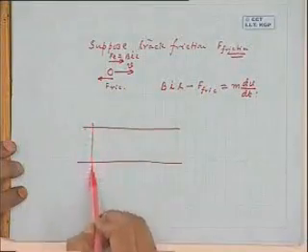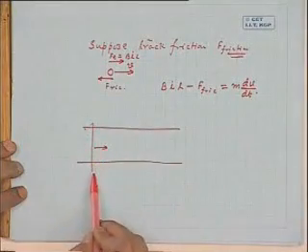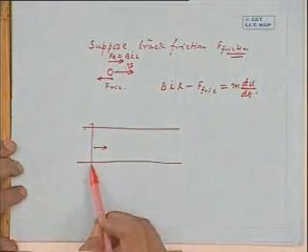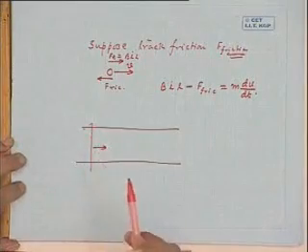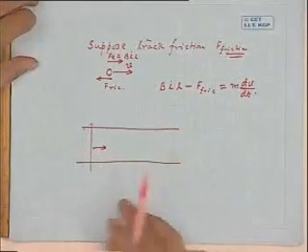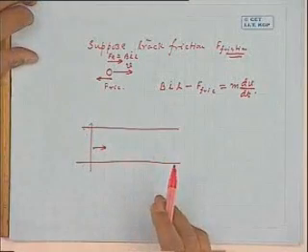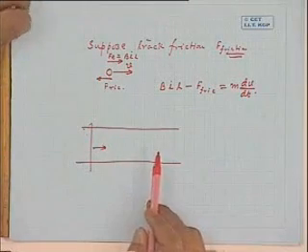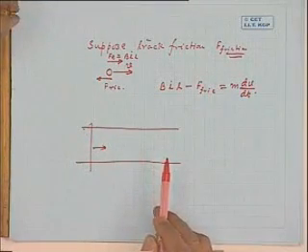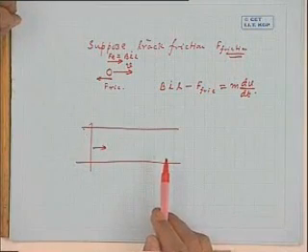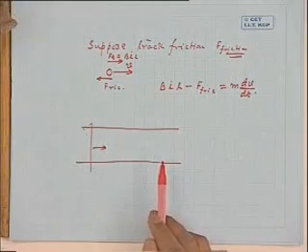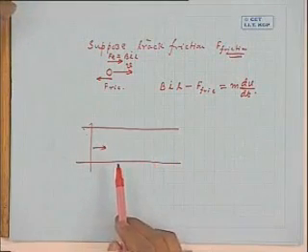See, if the conductor is running on a track with friction, at t equal to 0 you start passing current through the conductor. Then it starts moving from left to right. It accelerates, and the current value decreases in the conductor.